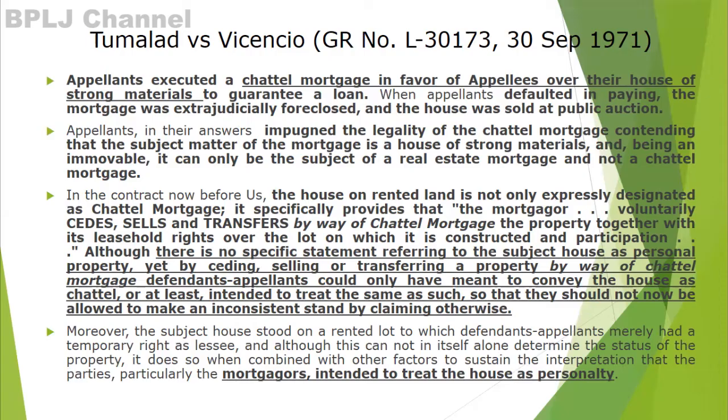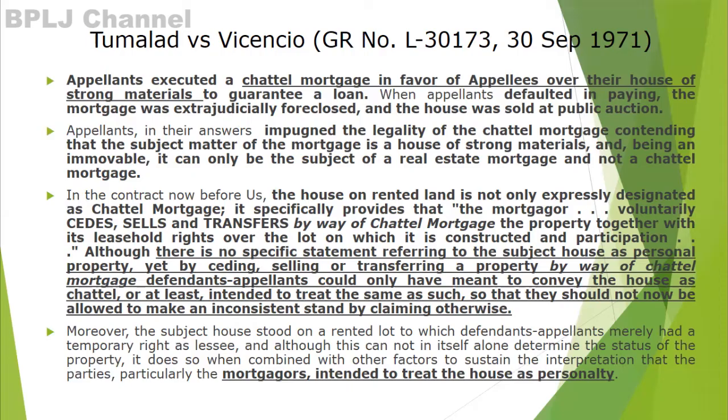Okay, the Supreme Court said, although there is no specific statement referring to the subject house as personal property, yet by ceding, selling, or transferring a property by way of chattel mortgage, appellants could only have meant to convey the house as a chattel, or at least intended to treat the same as such, so that they should not now be allowed to make an inconsistent stand by claiming otherwise.